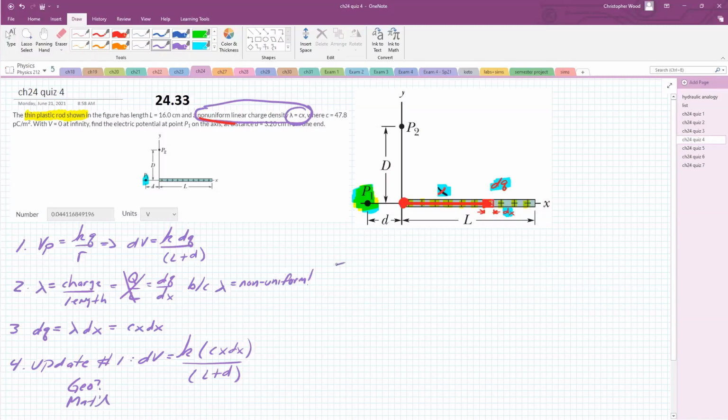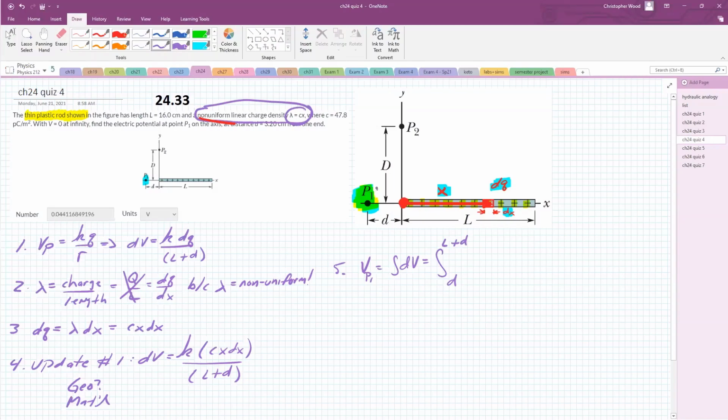So number 5 is time to integrate, I guess. The voltage at point P1 equals the integral of my differential. This is me taking a single point, the effect of a single point, and gluing them all together. So my limits of integration, I guess I better go from L plus D to D. Is that right?